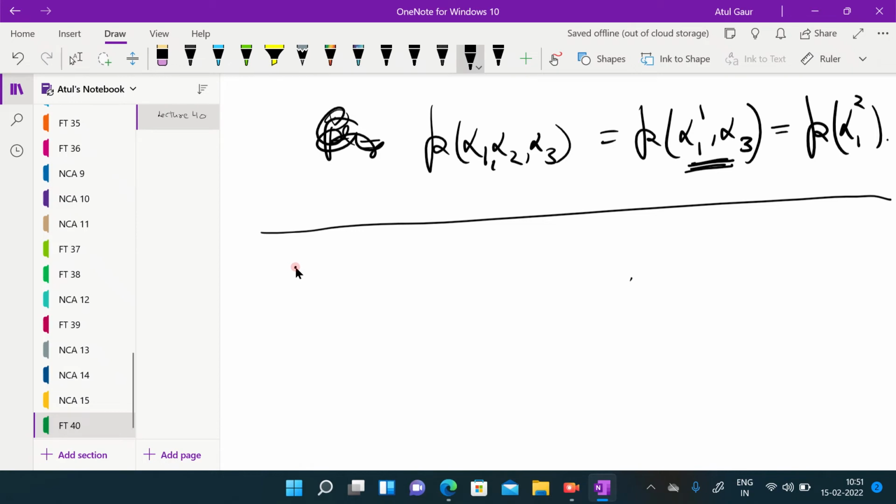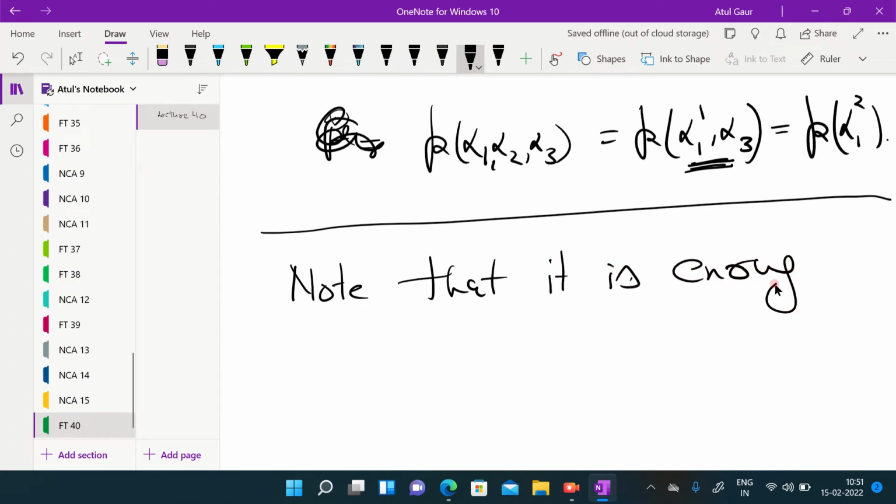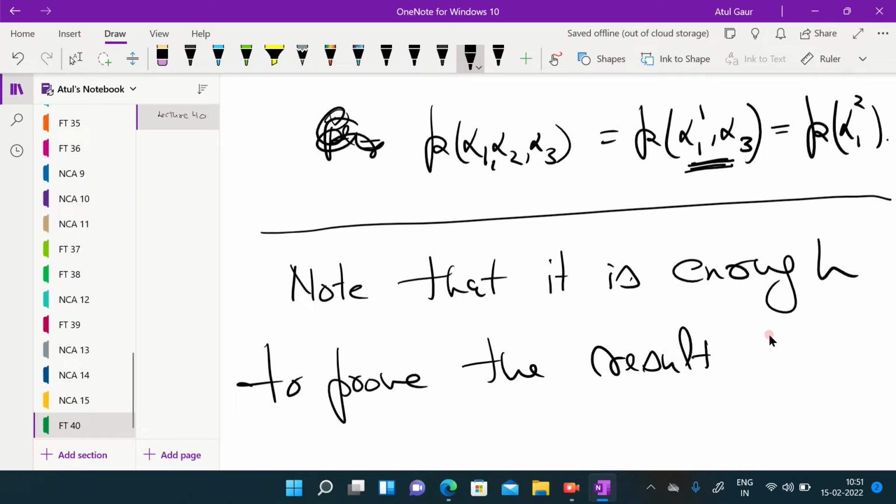So note that it is enough to prove the result by assuming n equals 2.